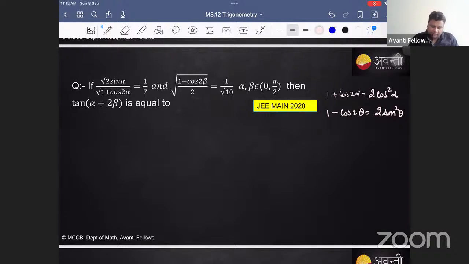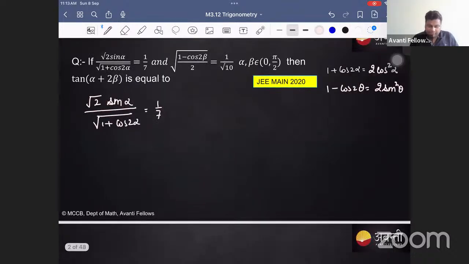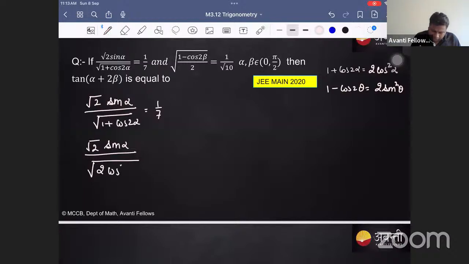Well, now they are saying first this equation: under root 2 sine alpha upon under root of 1 plus cos 2 alpha is 1 by 7. Got it? So this is under root 2 sine alpha upon, inside the root, this 1 plus cos 2 alpha is 2 cos square alpha.